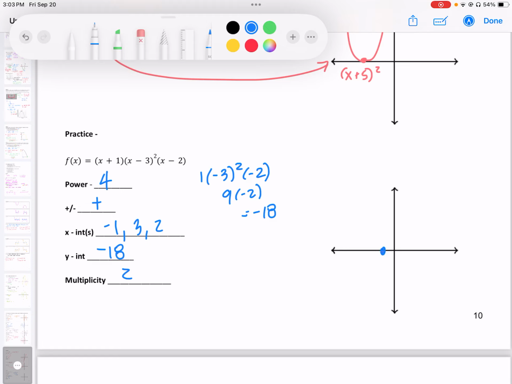So we're at -1, 2, 3, with a y-intercept of -18. I know it's that W shape again. So at positive 3, I know that I'm going to bounce just like that.